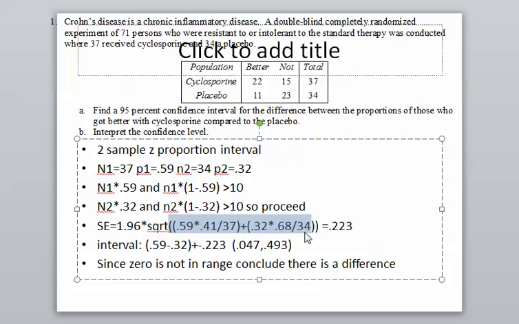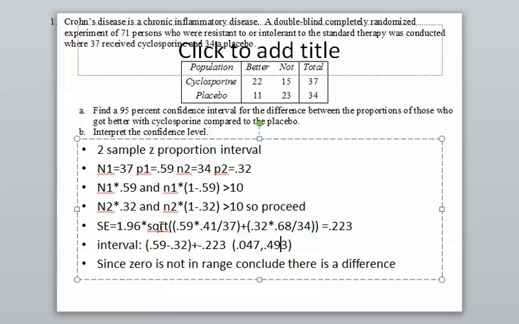Adding those together, I get 0.223. Okay, so my interval is between 0.59 and 0.32, plus or minus 0.223.